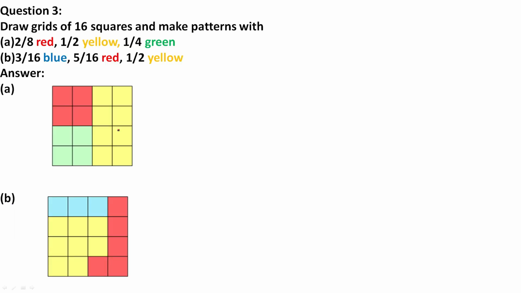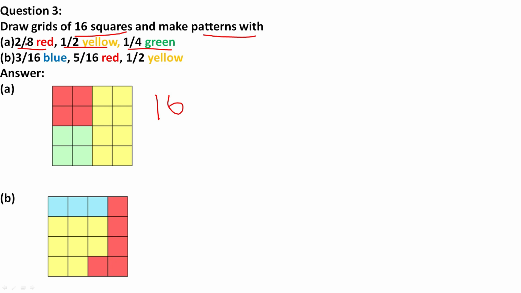Now draw grids of 16 squares and make a pattern with 2 by 8 red color, 1 by 2 yellow, 1 by 4 green. Now there are 16 squares, the total number of squares is 16.